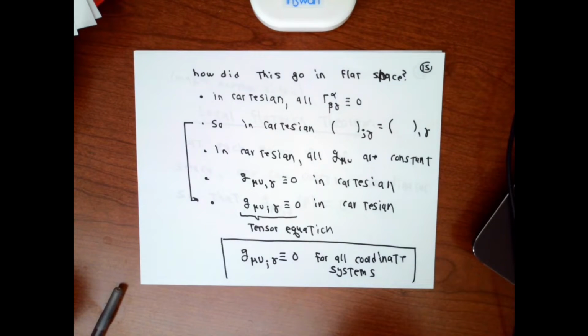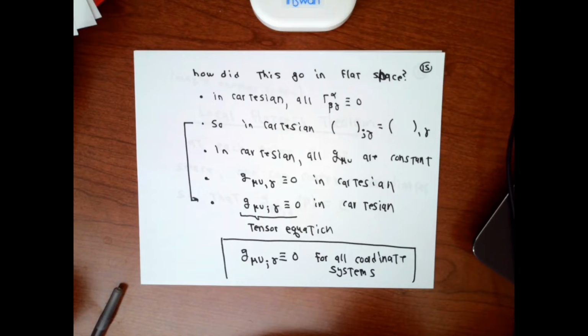In Cartesian, all of the Christoffel symbols are 0. That's because the basis vectors are constants. So if you differentiate a basis vector with respect to x gamma, you get 0 times z0 plus 0 times z1 and so on. So all of the Christoffel symbols are 0. In Cartesian coordinates, then, to do a covariant derivative is the same as doing the ordinary partial derivative.